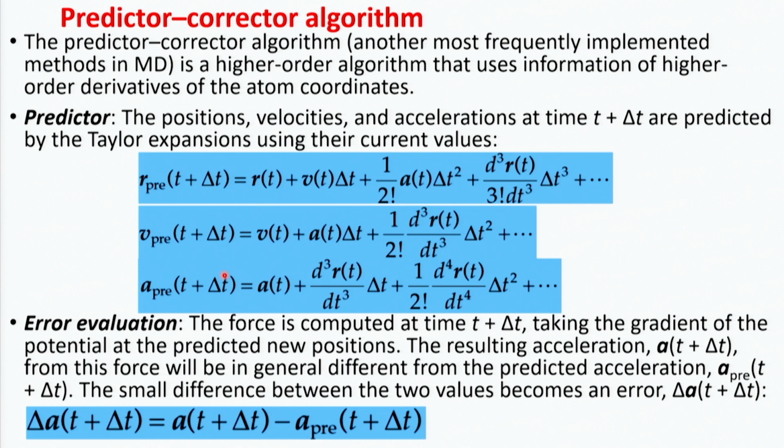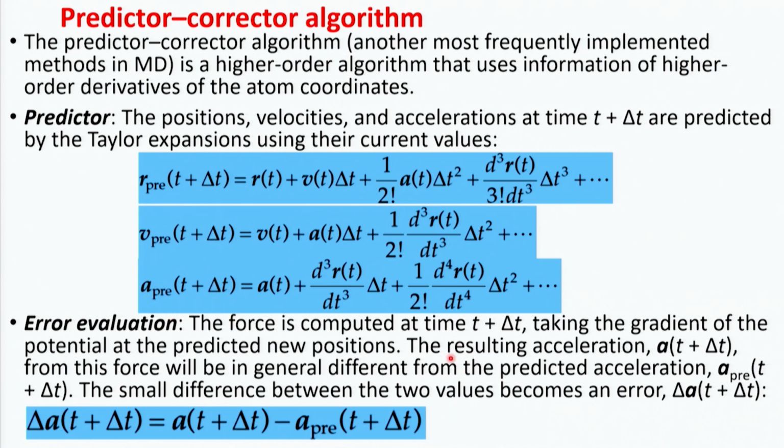Then we calculate the error. The force is computed at time t plus delta t by taking the gradient of the potential. We know the potential at any position, so we can differentiate that potential with respect to position and we get the force at t plus delta t. From the force we can easily calculate the actual acceleration.